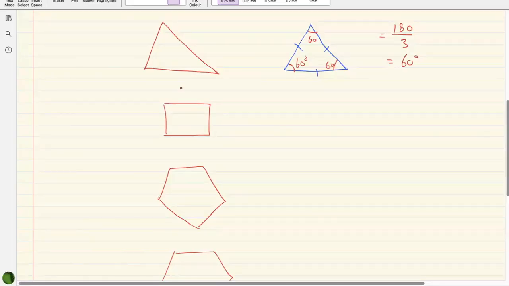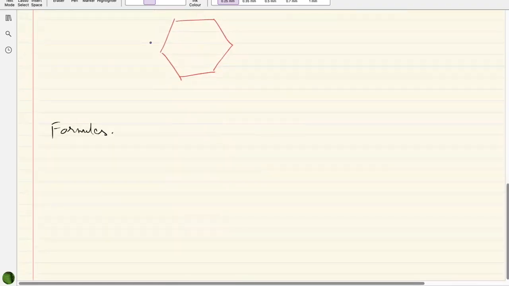And for every successive shape, let's say we are talking about square, all these 4 angles added together make up 360. All these 5 angles in the next shape make up 540. So it's not about rote learning. So how do we know that?